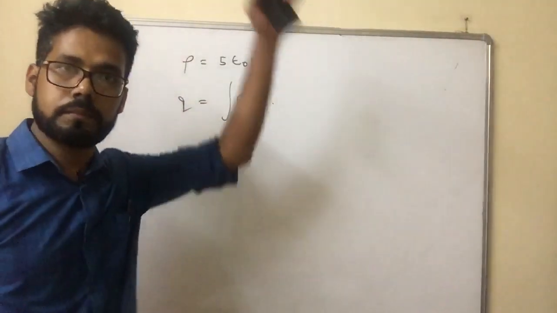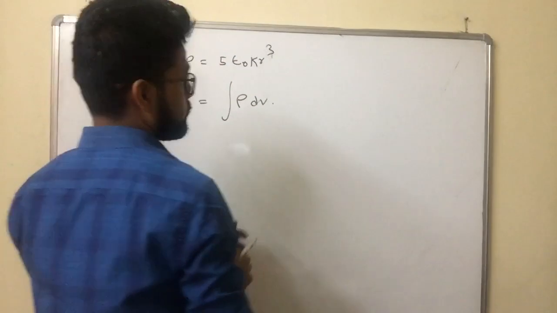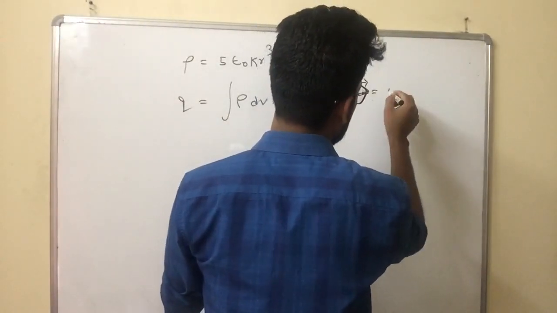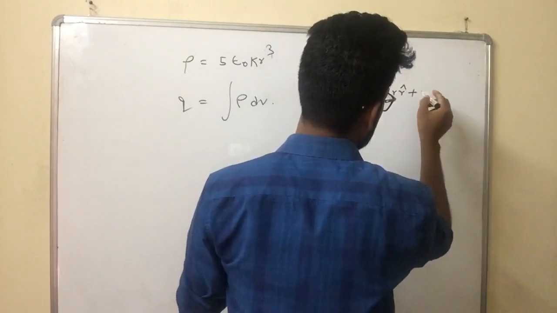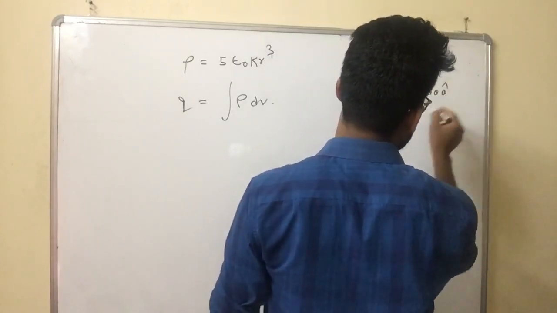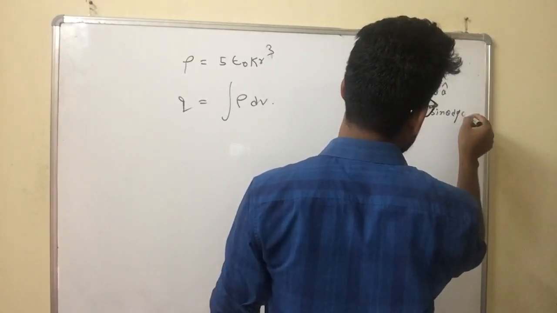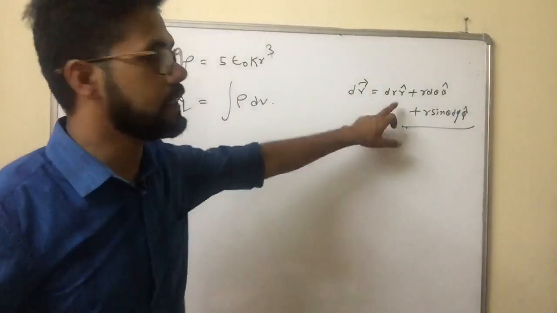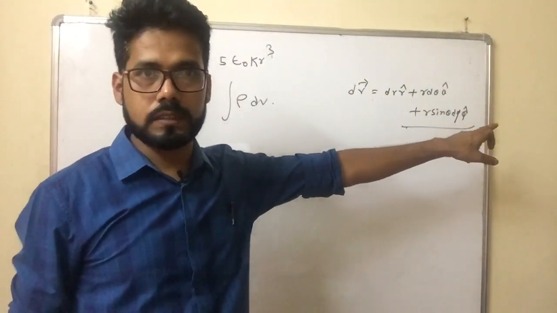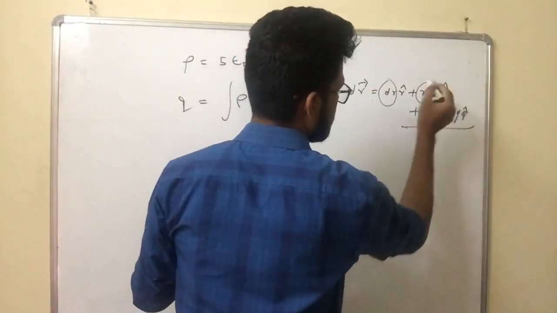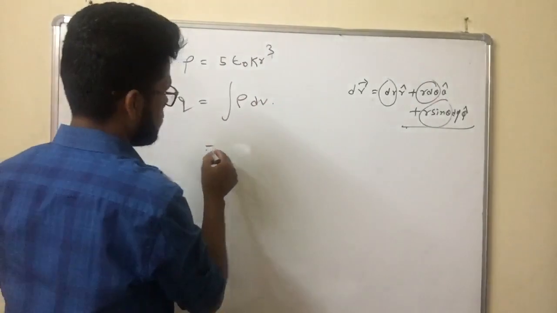Now the question is, in the first lecture I have given you the coordinate systems. What is the volume in spherical coordinate system? You remember the elemental length in spherical coordinates: dr r cap, r d theta theta cap, plus r sin theta d phi phi cap. The volume is the product of the coefficients.